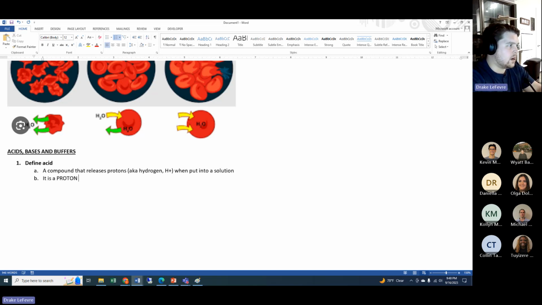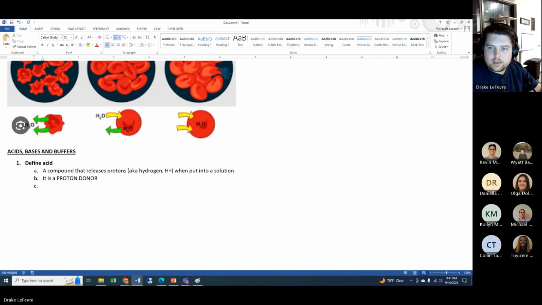It is a proton donor. This is the definition you need to remember. You will get asked questions that are just a simple definition like this, or it'll give examples like which of the following would be an acid, and you need to pick whichever one has additional protons, and that would be more likely to give away those protons.